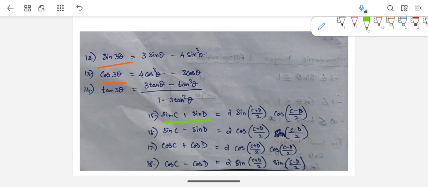When you solve questions, you can understand. For example, you are getting 135. Just now we saw that you can expand it as 90 plus 45, so you can use those angles.